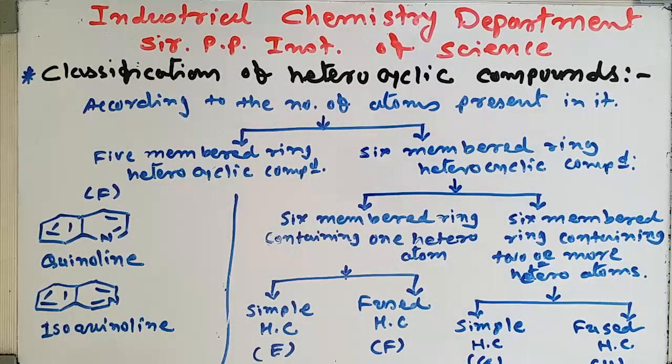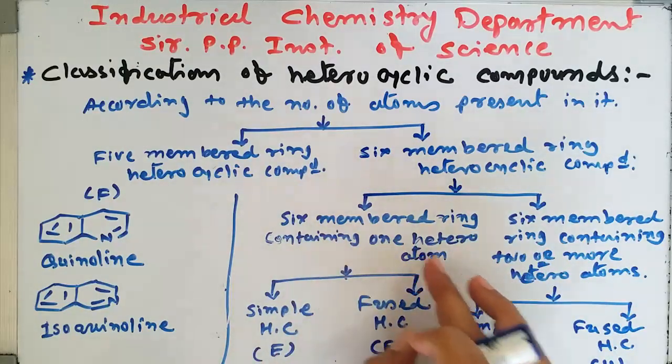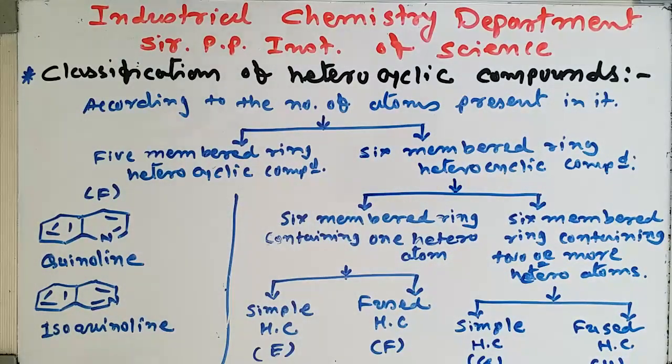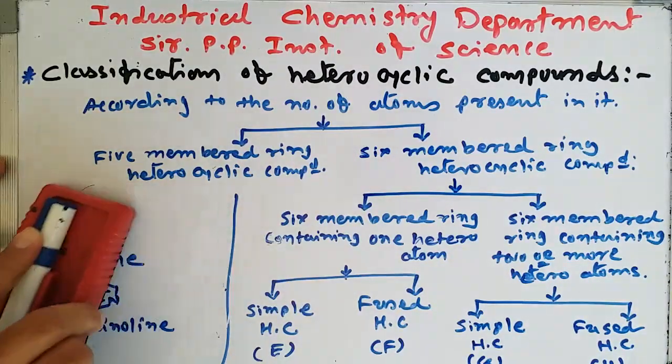Quinoline and isoquinoline are fused six-member rings containing one heteroatom. In simple, we also write pyridine.